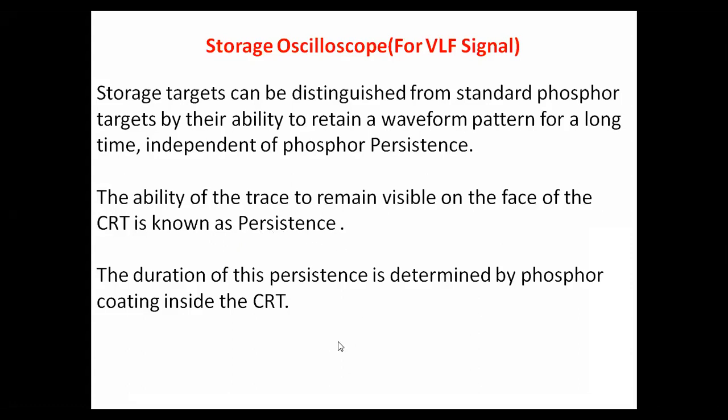What is the meaning of persistence? The ability of the trace to remain visible on the face of the CRT. How much time the trace of the signal remains visible on the CRT screen, that is persistence. It depends upon the type of phosphor material or phosphor coating used on the inside of the CRT.